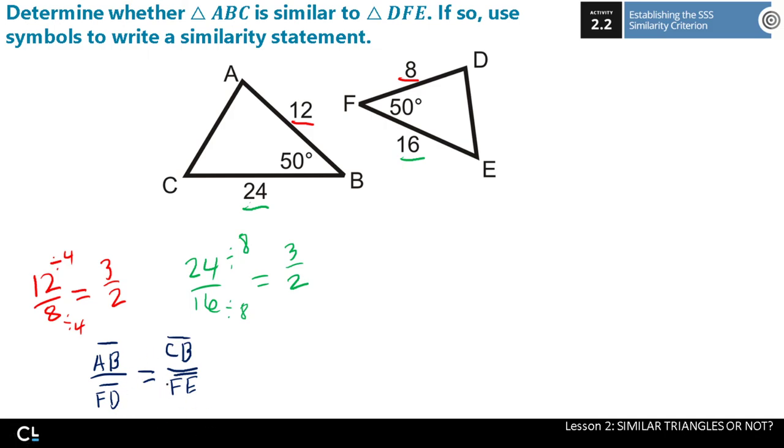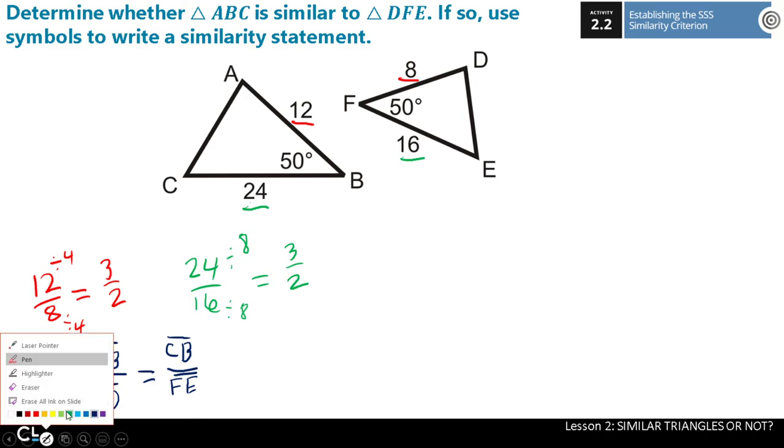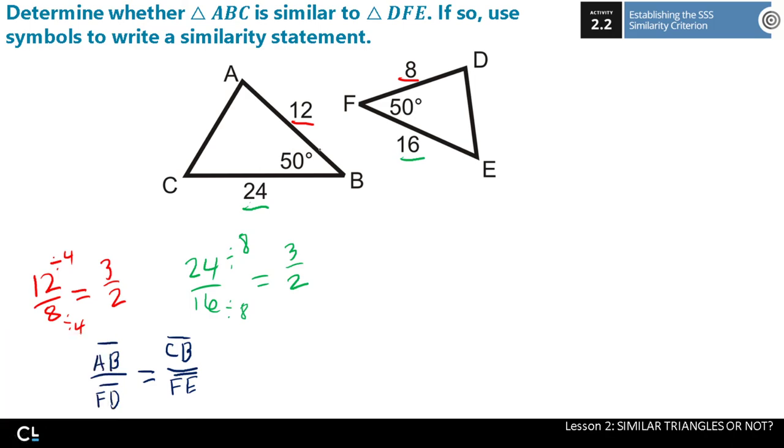When you write it like this and say that two fractions are equal like this, it means that those fractions are proportional. And then we also could see here that these angles in between our sides are congruent. So we can say that angle B is congruent to angle F. So what do we have here? Side, angle, side.